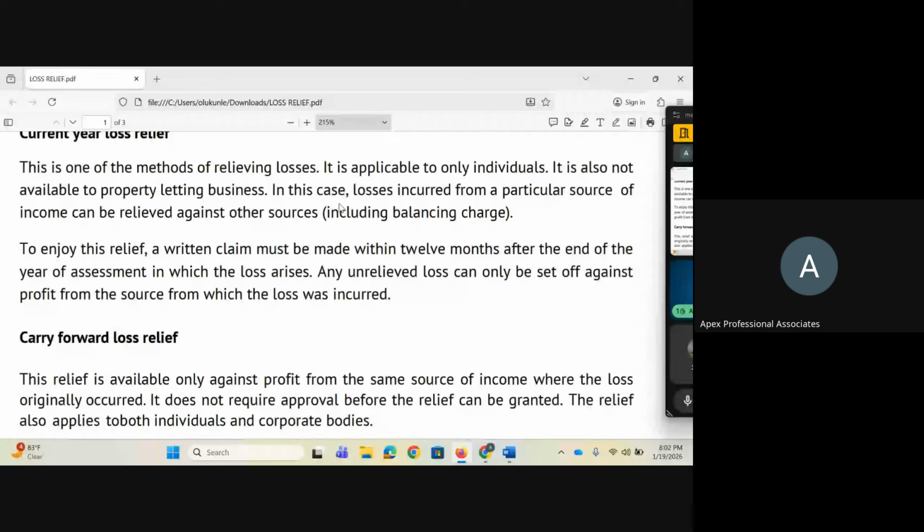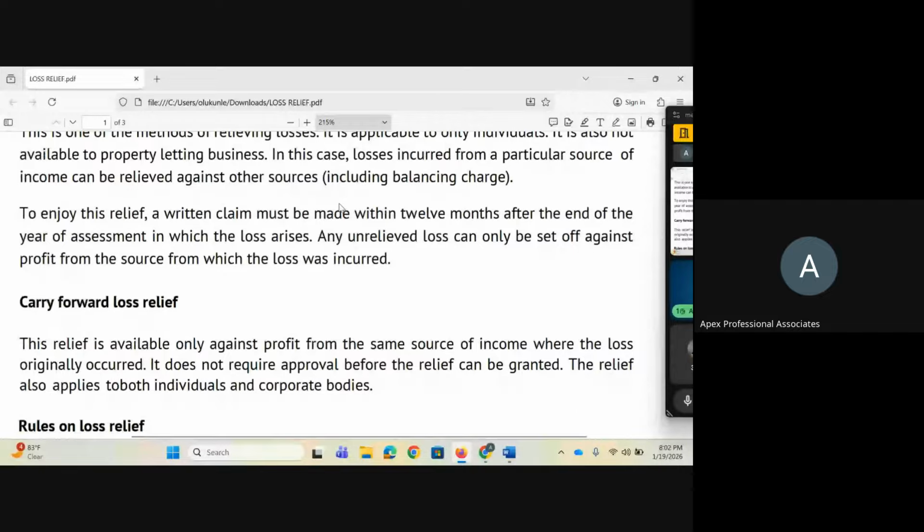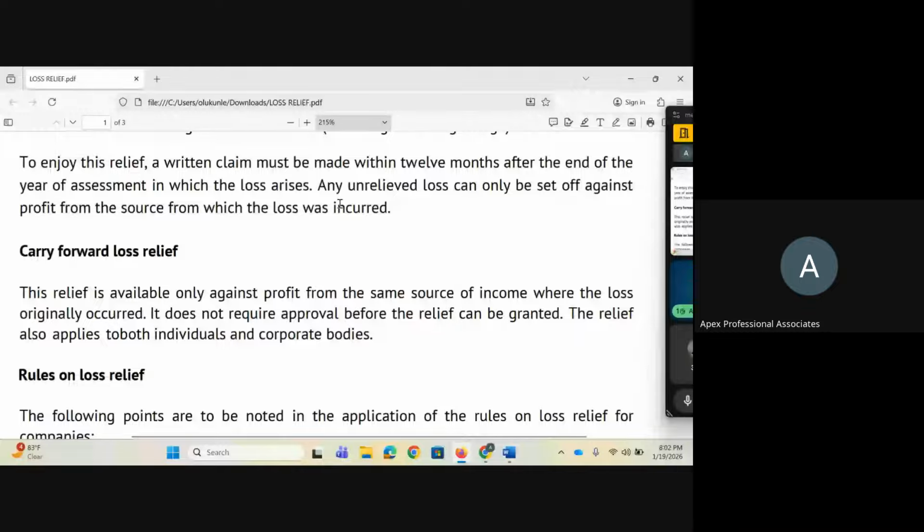I can reduce the profit from the teaching business by deducting the clothes business loss. It's the net position that I'll present as my total income for tax purposes. But to claim this, you have to apply in writing to the tax authority.